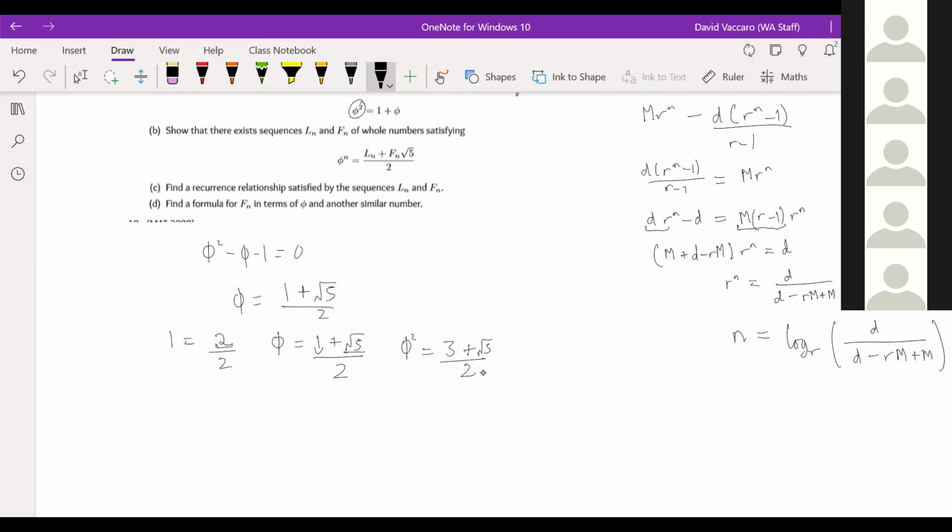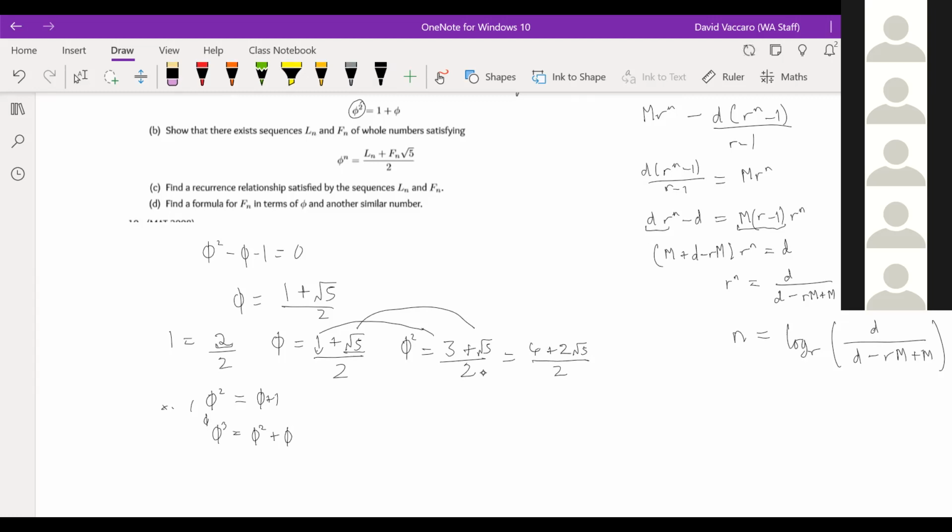Now, how can I continue the sequence? Well, I know that phi squared equals phi plus 1. If I multiply by phi, I get that phi cubed equals phi squared plus phi. So to get phi cubed, I can add these two fractions together. So 1 plus 3 is 4, and root 5 plus root 5 is 2 root 5 over 2.